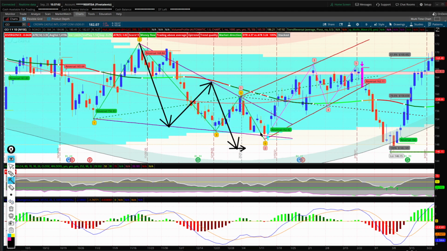Another rule is, let's complete this wedge here. Besides it being parallel and breaking below the wedge, this whole move right here needs to be completed while you still have space between this move and the end, because the end of this wedge right here is the actual timeline for when it will hit the target line.